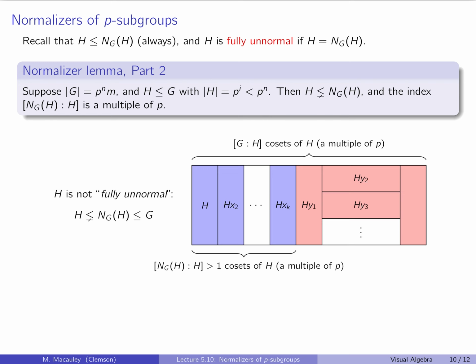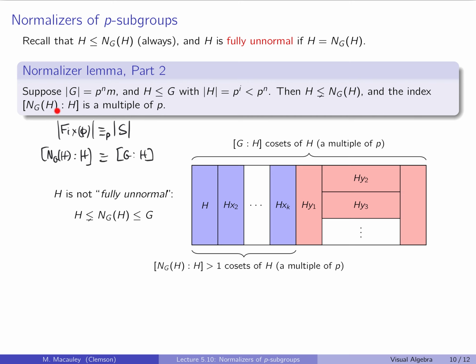As before, we're going to use the p-group lemma to show that the number of fixed points is equal to the size of the set mod p. So our set, as before, is going to be the set of cosets, and the fixed points are going to be the normalizer. So it's the same idea, but now what are we going to show?